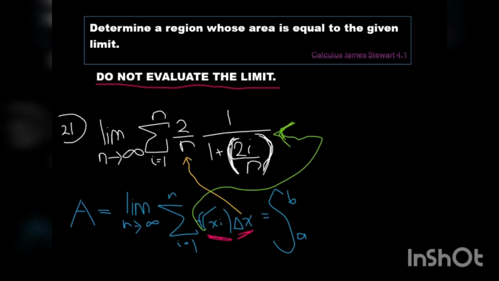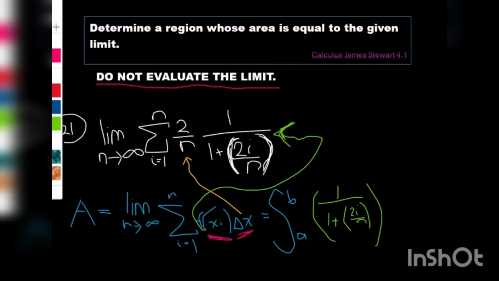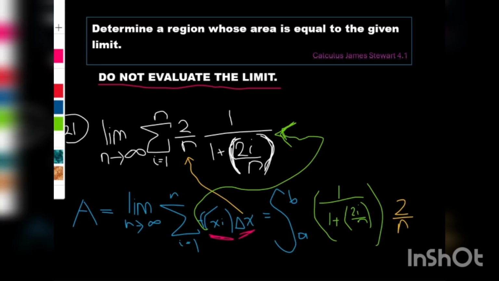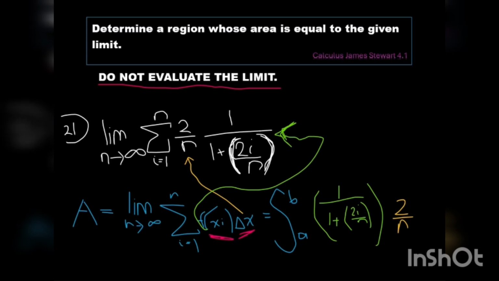So we're going to substitute: 1 over 1 plus 2i over n, times 2 over n. Easy stuff.